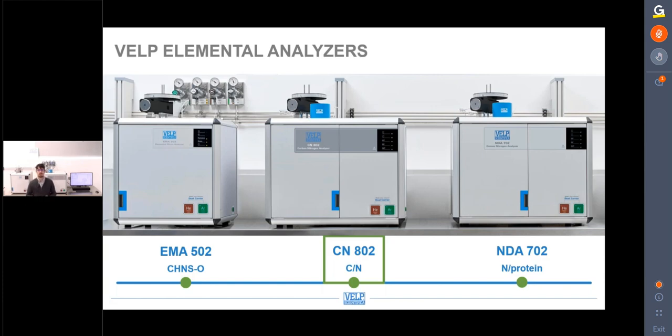And in the middle of the screen, there is our CN802, today's focus, that is equipped with the high-sense IR detector for the determination of carbon and the TCD detector for the determination of nitrogen content in the sample that we are analyzing.